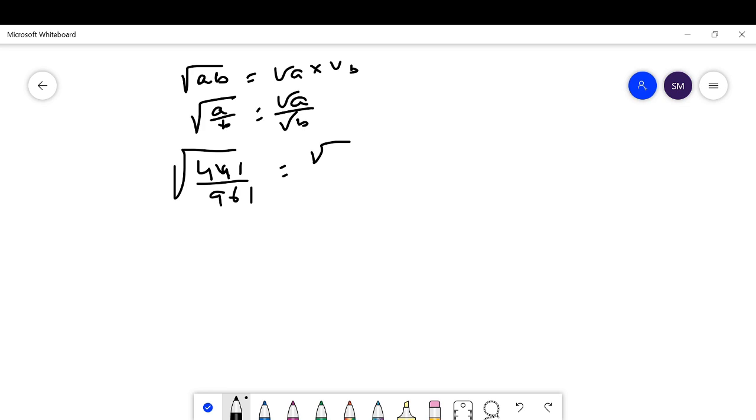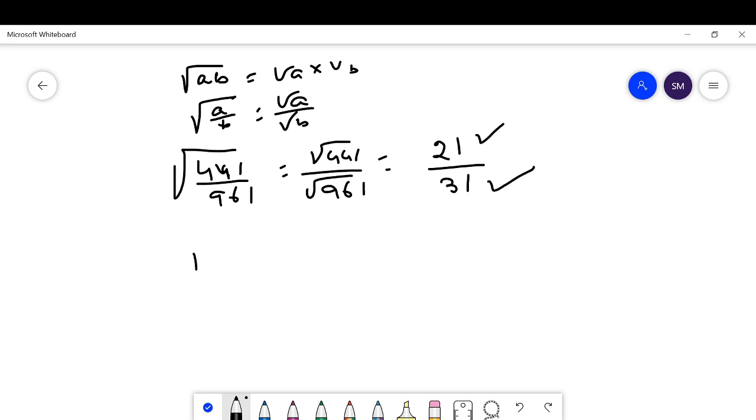This means square root of 441 upon square root of 961. By using the long division method you can find that the square root of 441 is 21 and of 961 is 31. Then the square root of 441 upon 961 is equal to 21 upon 31.